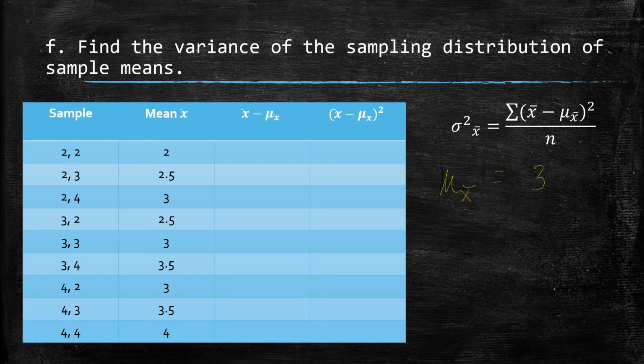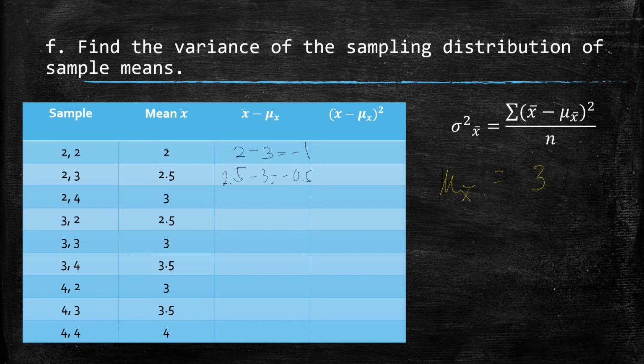The first row is 2 minus 3. We get this from here. So you have here negative 1. Next, you have 2.5 minus 3. You have negative 0.5.